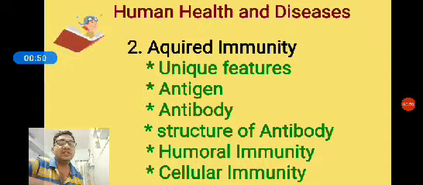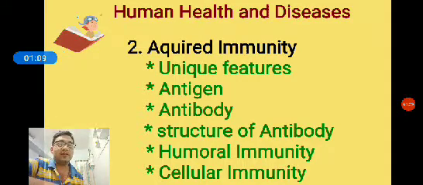Now, in this class, we are going to discuss the second type of immunity, called acquired immunity. Acquired immunity is also called specific immunity or adaptive immunity.